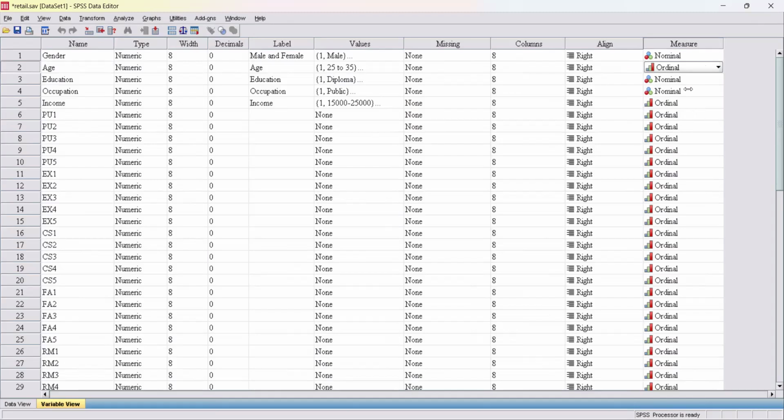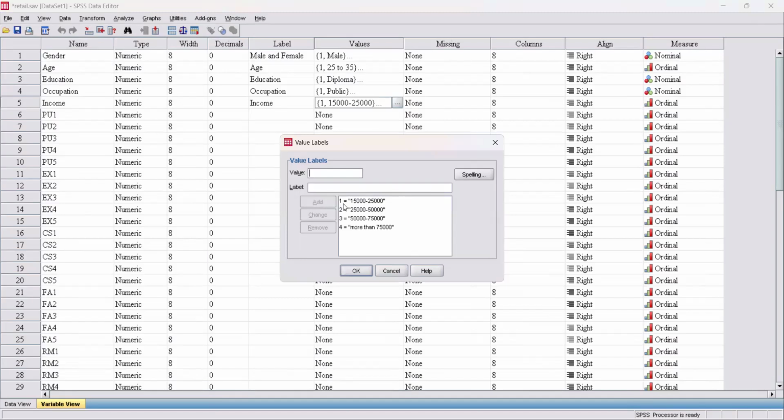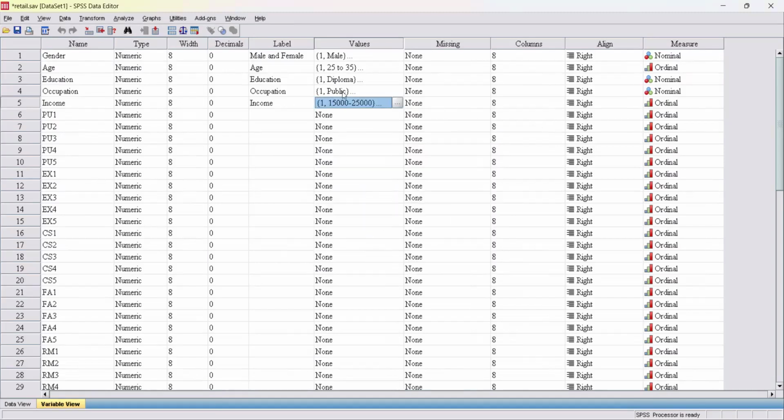When we come to scales, we can include income, but here we have included income as 15,000, 25,000, all of which come under categorical variables. So these are the different types for our basic 5 demographic profile.